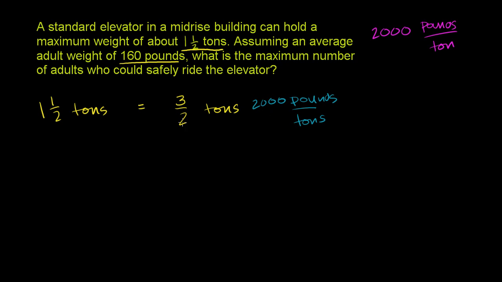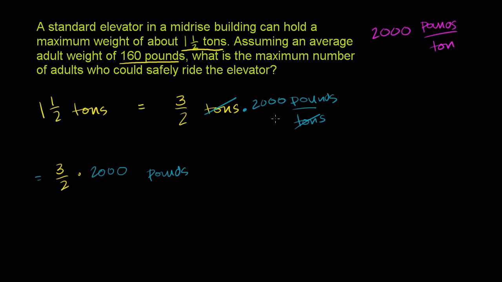Now, if we multiply 3/2 tons times 2,000 pounds per ton, what will happen is that the tons cancel out. That was the whole point of multiplying it by this. And we would be left with 3 halves times 2,000. And the only unit left is pounds.